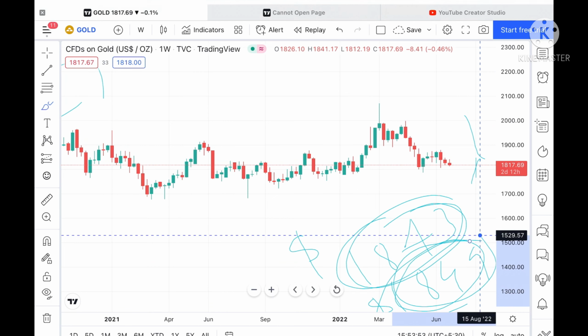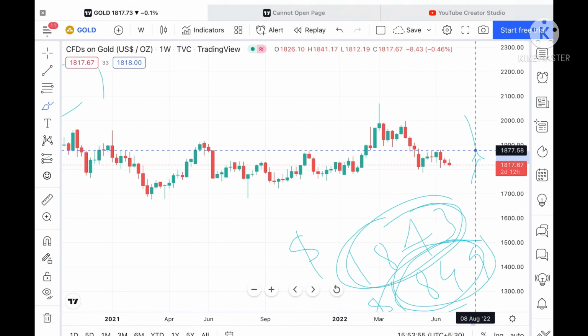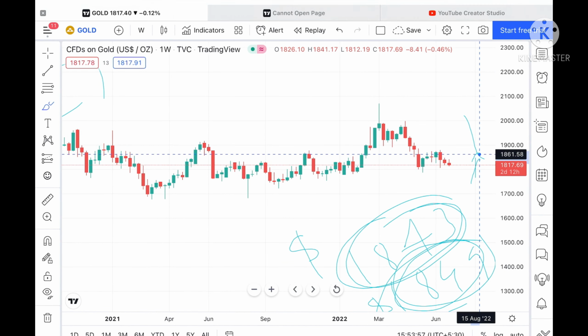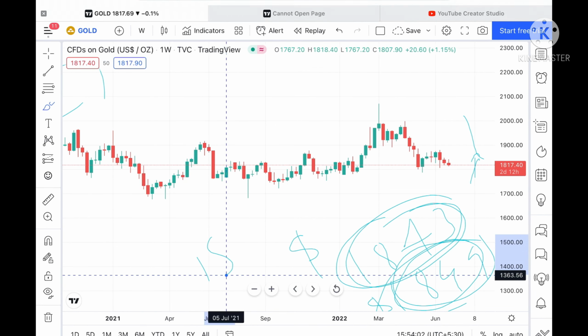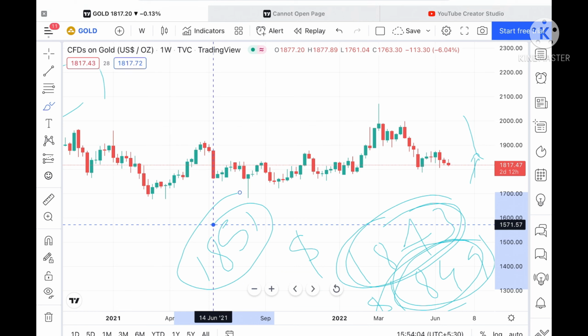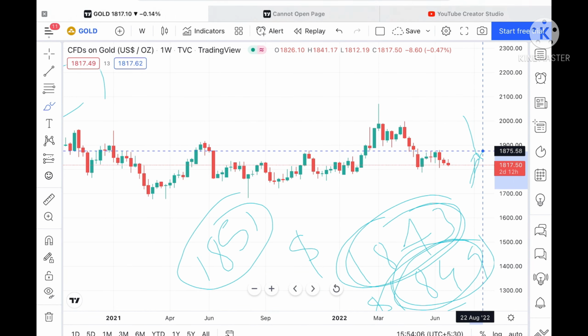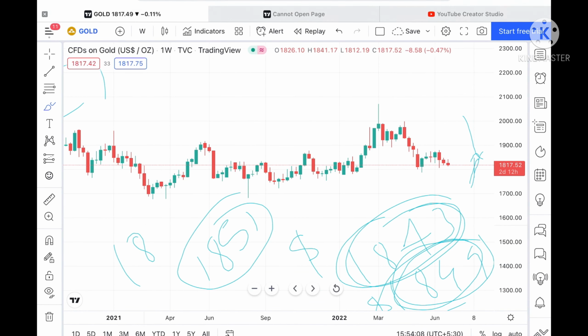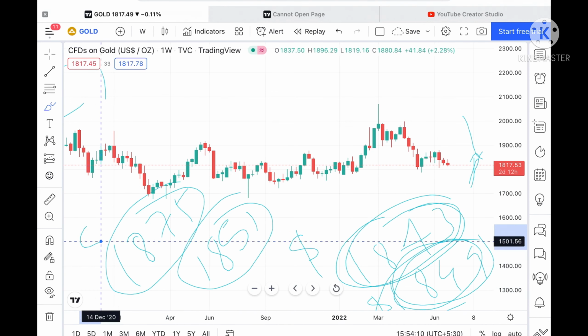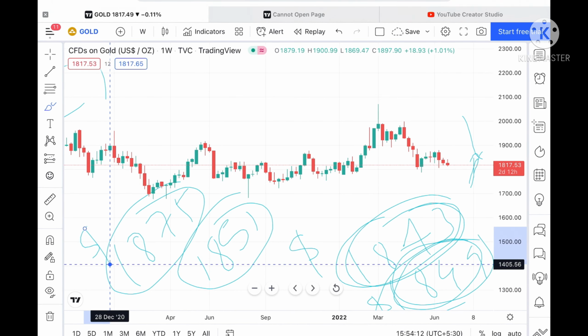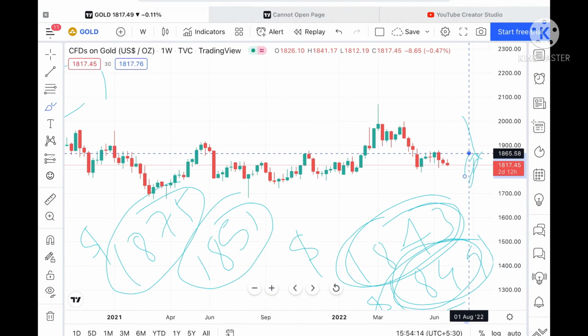Once 1849 sustains, a probability of touching a level of 1851 will be there, and once 1851 is crossed upside, a probability of touching 1875 will be there.